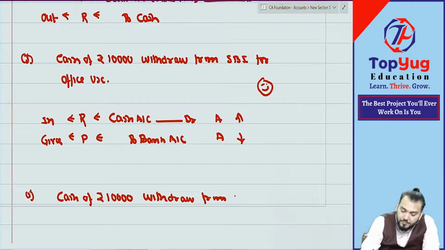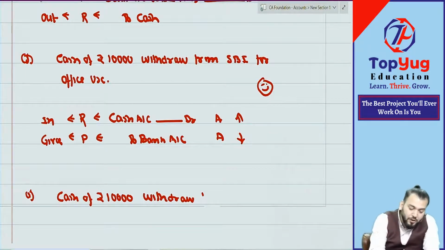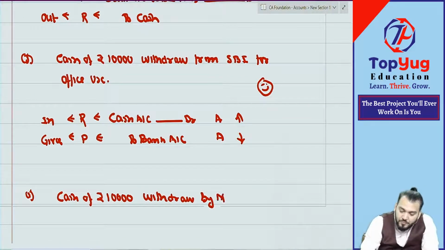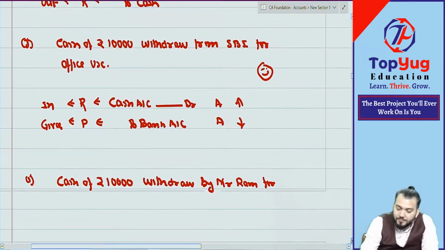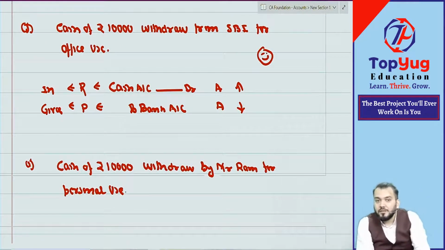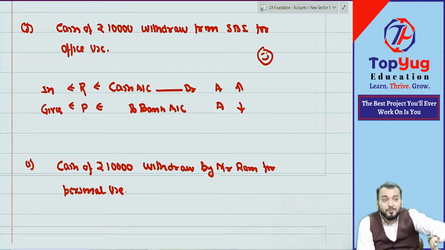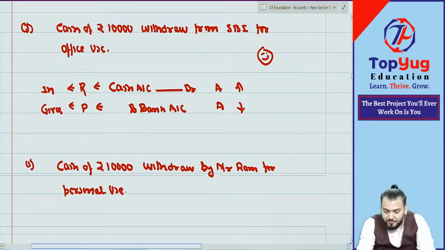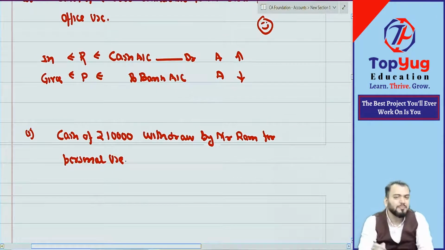Cash of rupees 10,000 withdrawn by Mr. Ram for personal use. Understood now? So cash of rupees 10,000 withdrawn for personal use by Mr. Ram. Now you say, because you have asked, therefore I have done this journal entry.